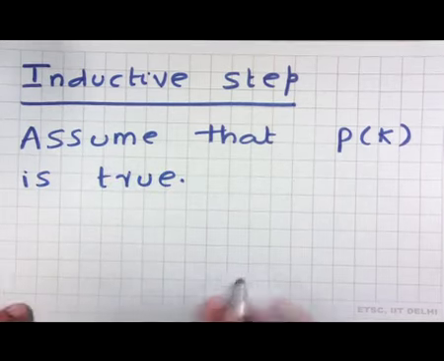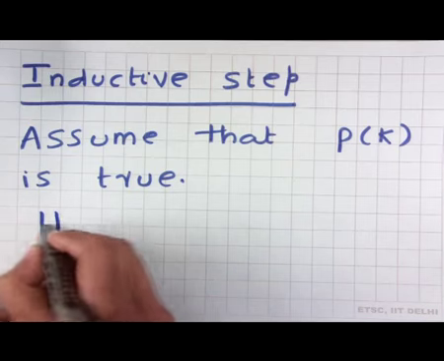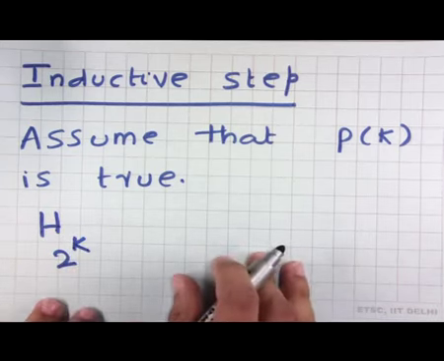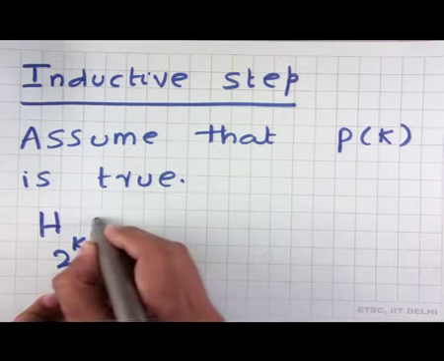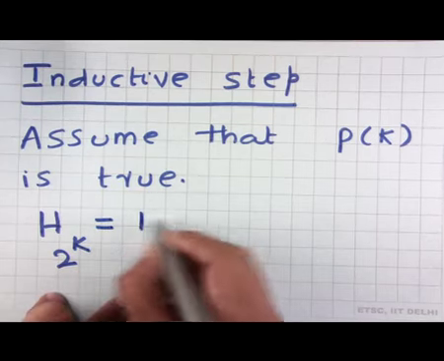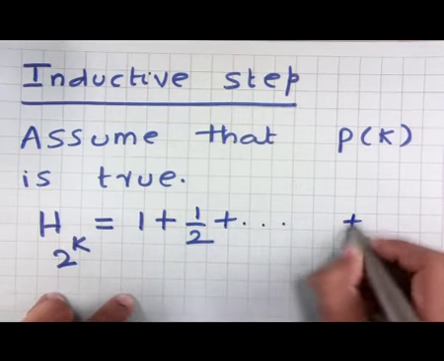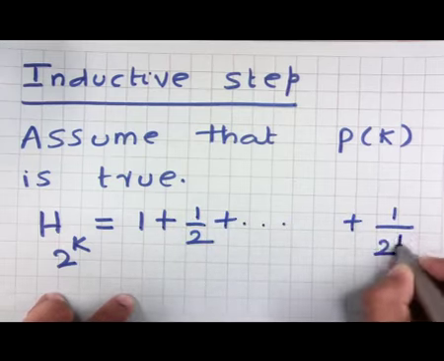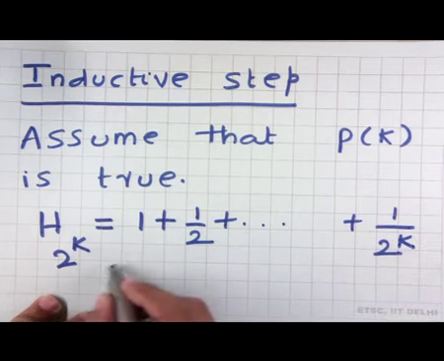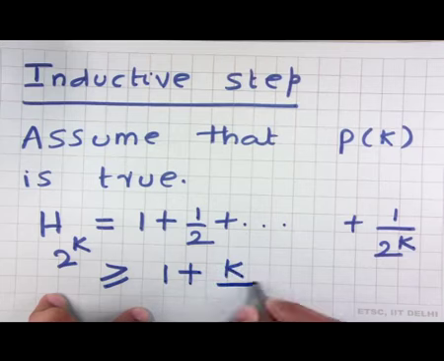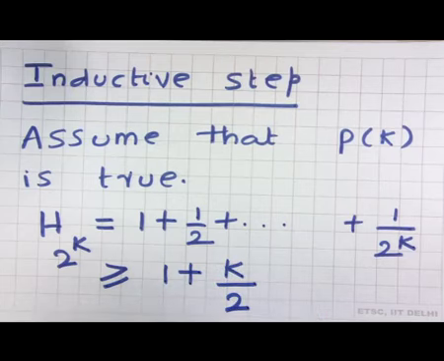That is, we assume that the 2 power kth harmonic number denoted by h suffix 2 power k, which is by definition 1 plus 1 by 2 plus etc. plus 1 by 2 power k, is greater than or equal to 1 plus k by 2. This is the assumption, the so called inductive hypothesis.